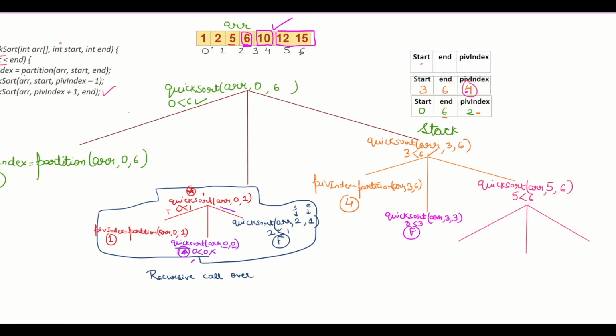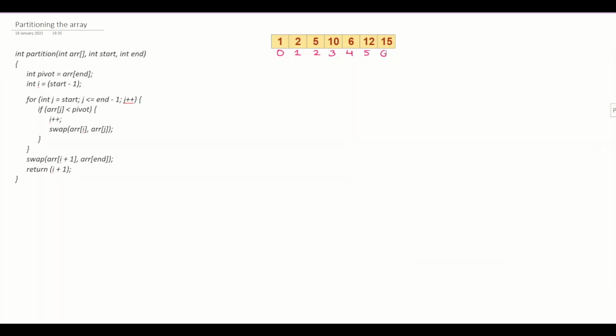So we execute the partition function as the condition is true. This partition function gets array, the value of start, which is 5, and the value of n, which is 6. Let's go to partition function. So this is the array here because we are working on this partition. So the last element becomes the pivot element, and the value of start that I've got here is 5.